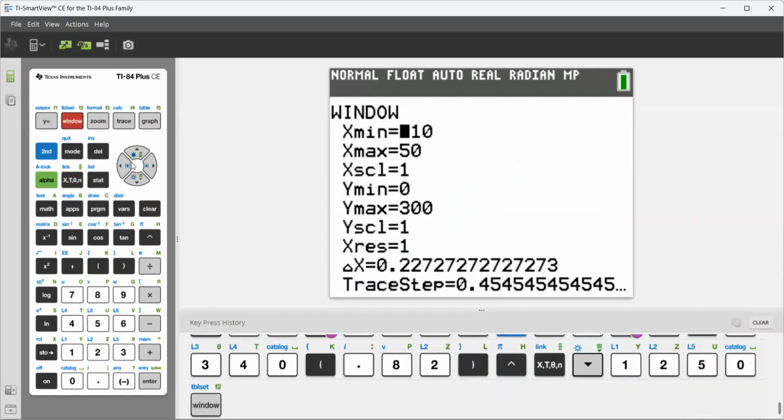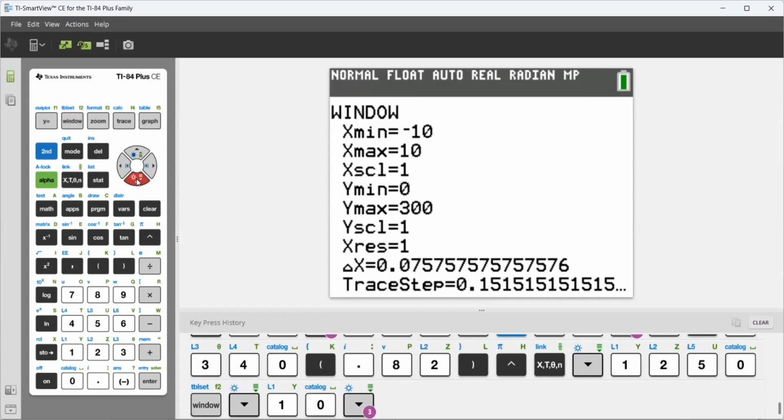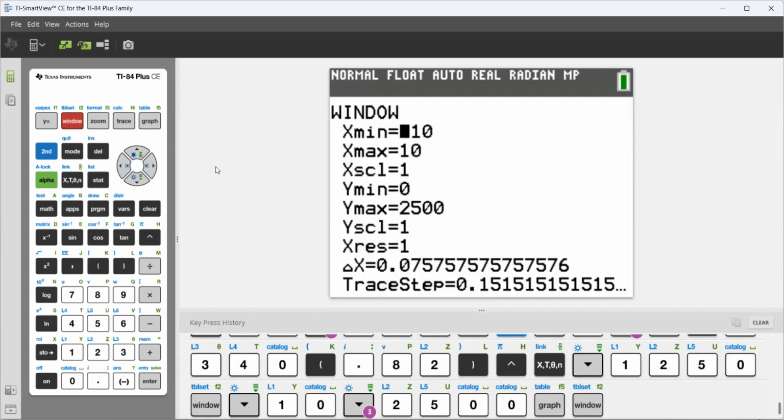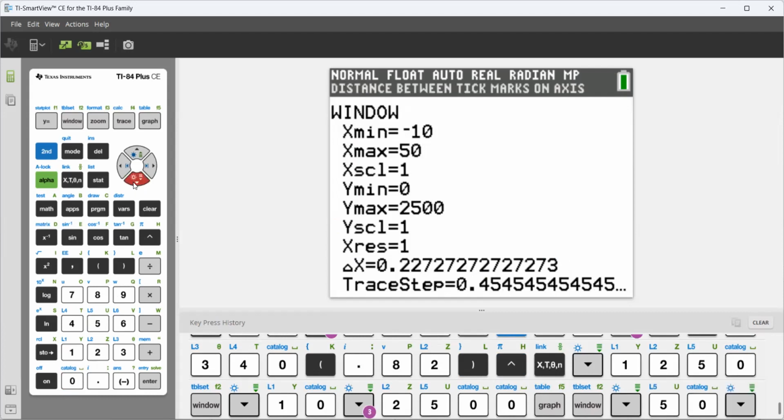Now I go to window. For the x, I'm just going to keep it this way. Then I'll check what is happening. Here I'm going to do 0 to 2500 just to stay safe. It is not that bad, but I could have done better if I increased the positive y to 50 here, and then also increased this to 3000.